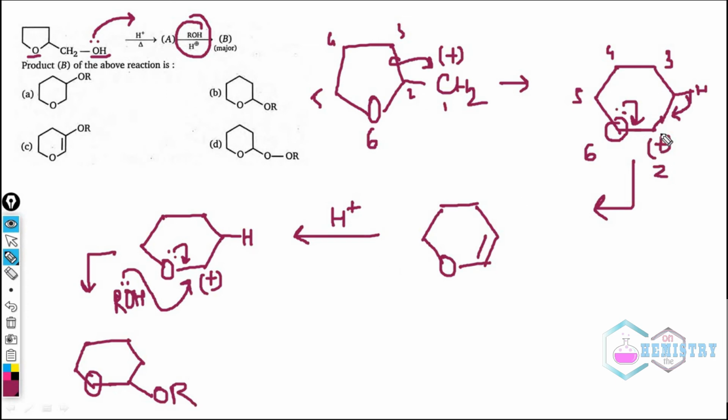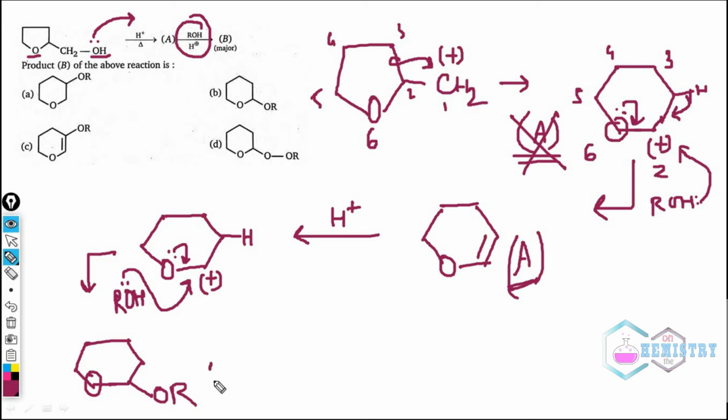Now we can obviously attack the ROH from here, but this is not the case because this is A actually. This A, we have to form A, and if we attack ROH on this carbon, the A will not form. So this is actually A and this is actually B. Now if they have asked us what will be the structure of A, we must form this compound.